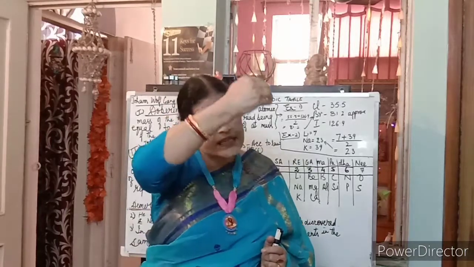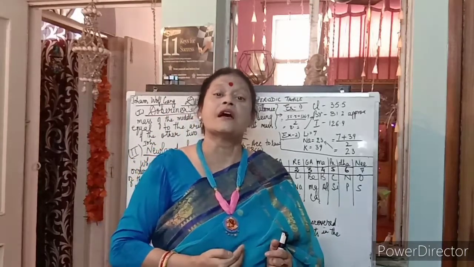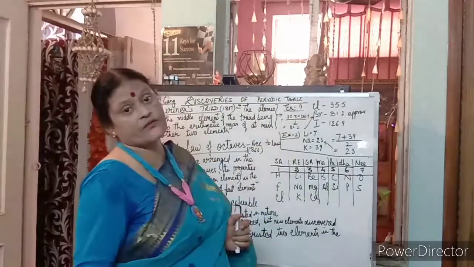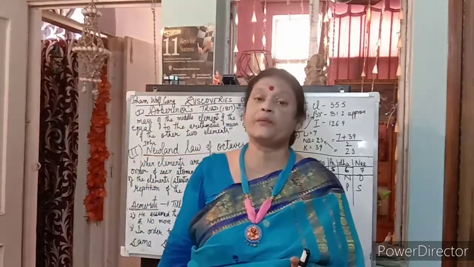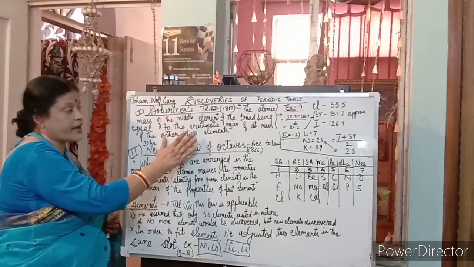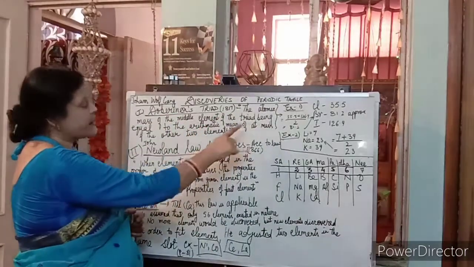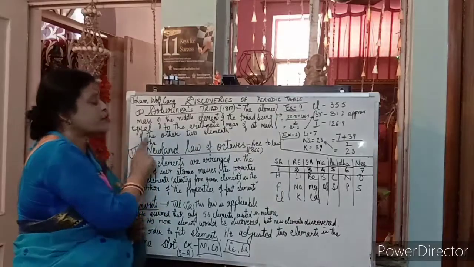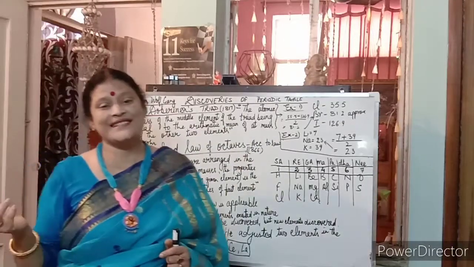So if we arrange by increasing atomic mass, he found that the atomic mass of the middle element is the arithmetic mean of the first and third element. So what does the law say? Dobereiner's law: the atomic mass of the middle element of the triad is equal to the arithmetic mean of the atomic masses of the other two elements.